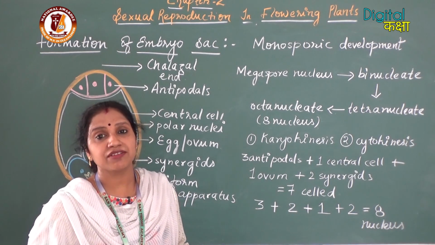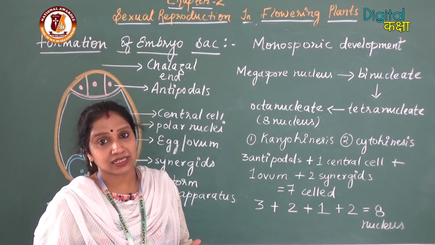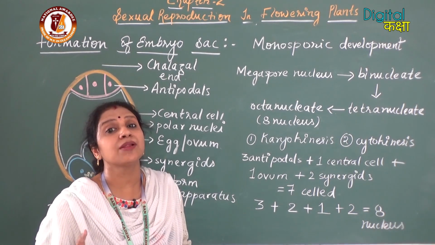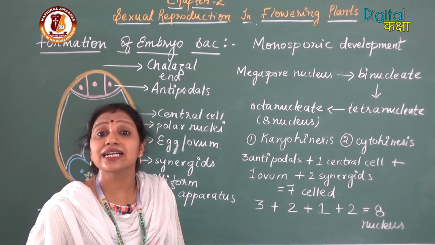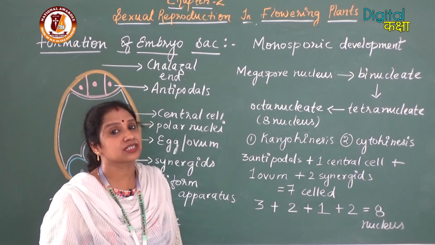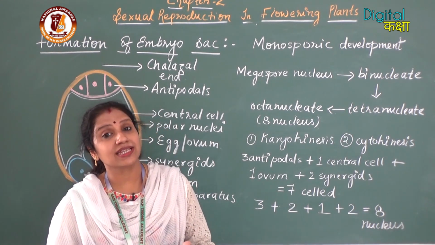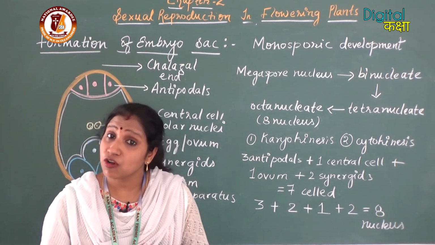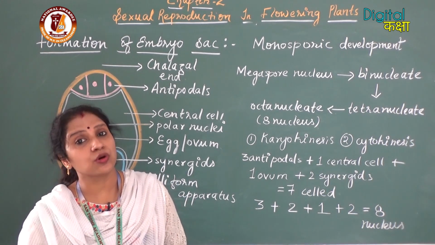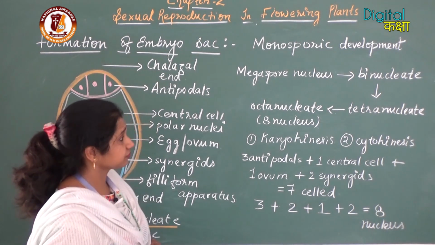What is monosporic development? The development of the embryo sac from a single functional megaspore is called monosporic development.